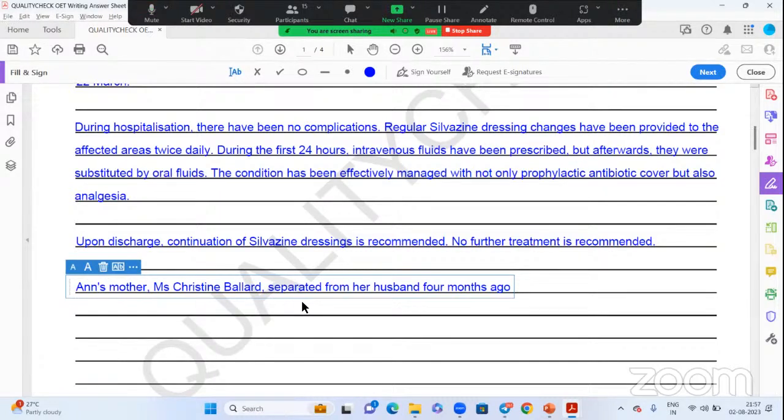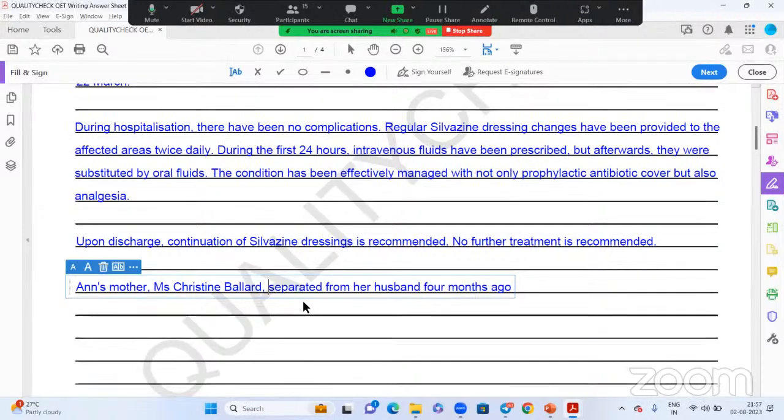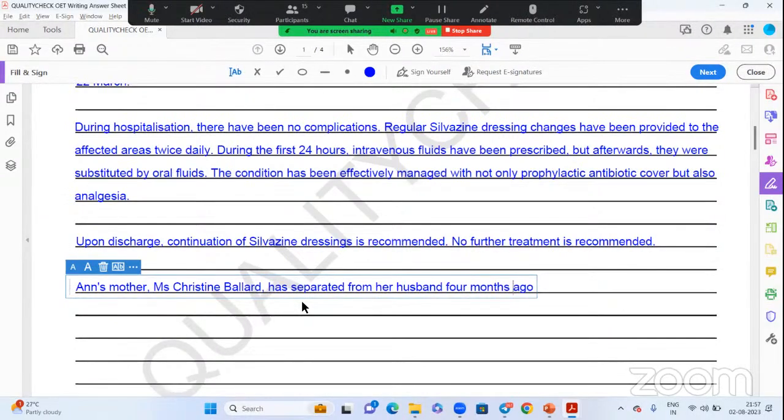Anne's mother, Miss Christine Ballard, separated from her husband, or got separated from her husband, 4 months ago. Now we are using has separated, which means recently. 4 months is a recent period. We are not saying ago, we are saying recently.